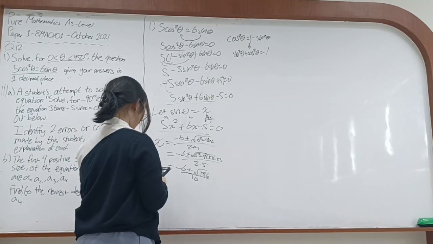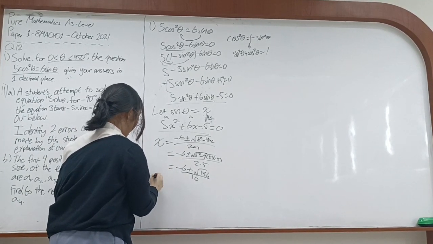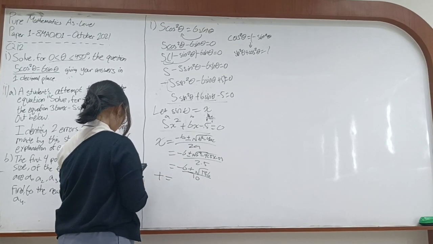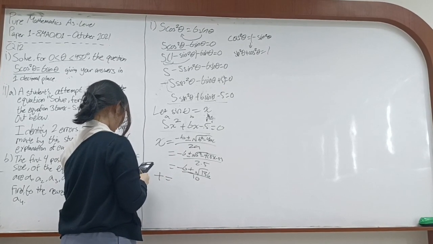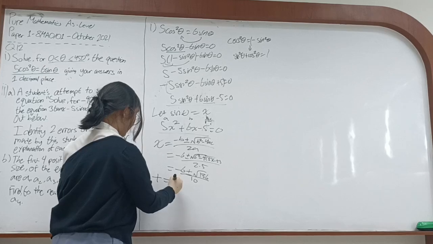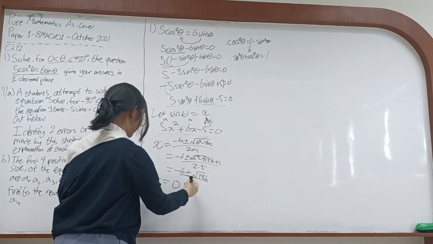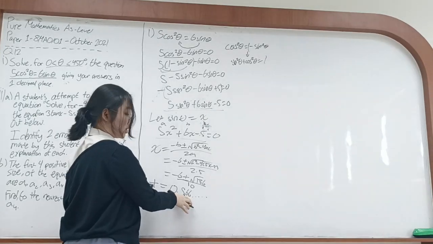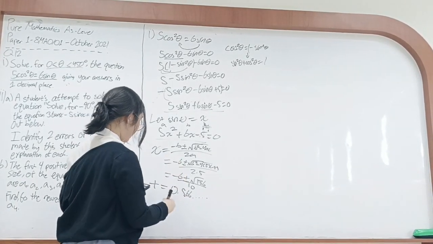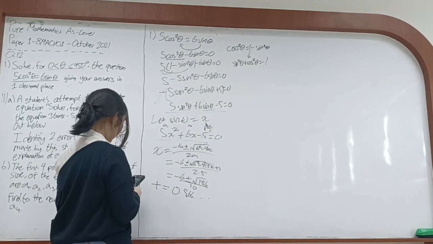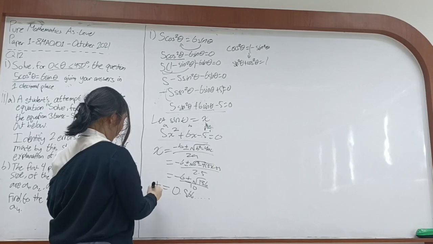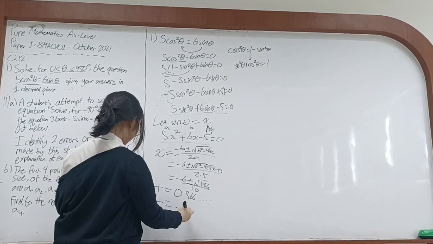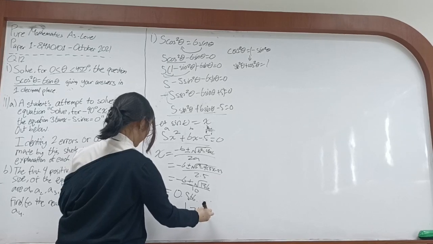If we put them in the calculator, let's start with the positive one first, which will be 0.566 and so on. Let's not round to one decimal place first, to make the answer more accurate. And next, the negative one: if we change this one to minus, it'll become minus 1.766 and so on.